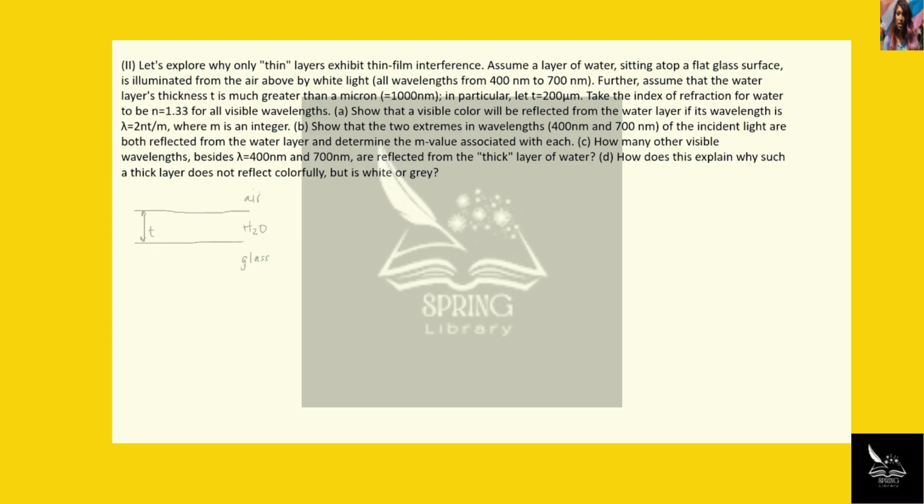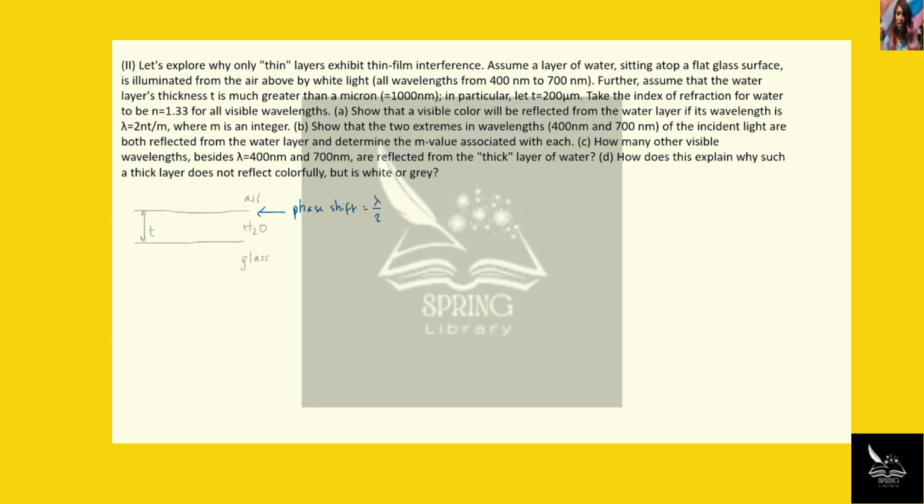So we need visible colors to constructively interfere. And we are going to have a phase shift of half a wavelength at the air-water interface, because we're moving from a lower index of refraction into a higher index of refraction.